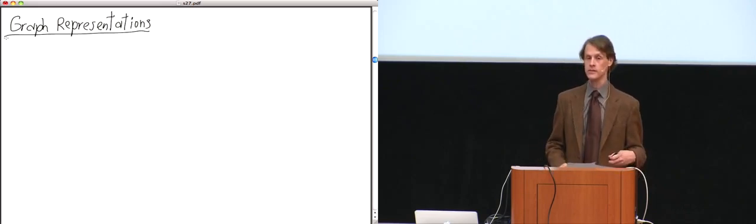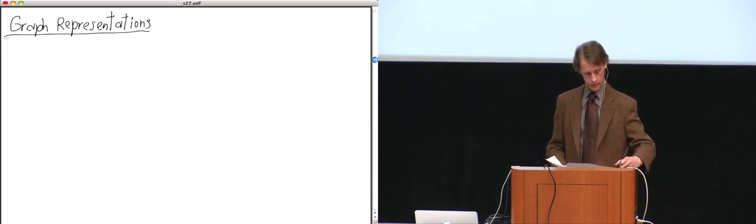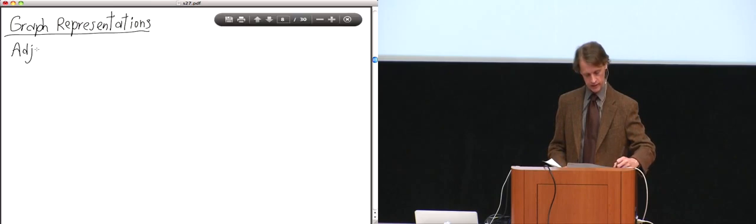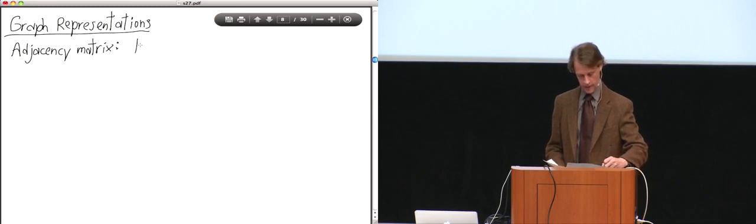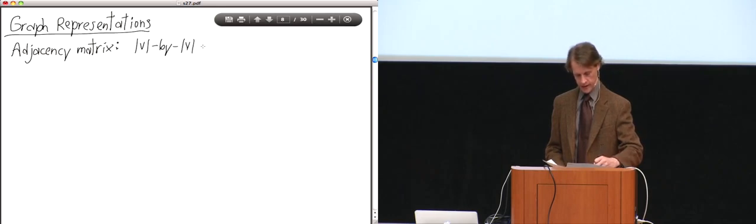The most obvious way to represent a graph is with what's called an adjacency matrix. That is a V by V array of Booleans.